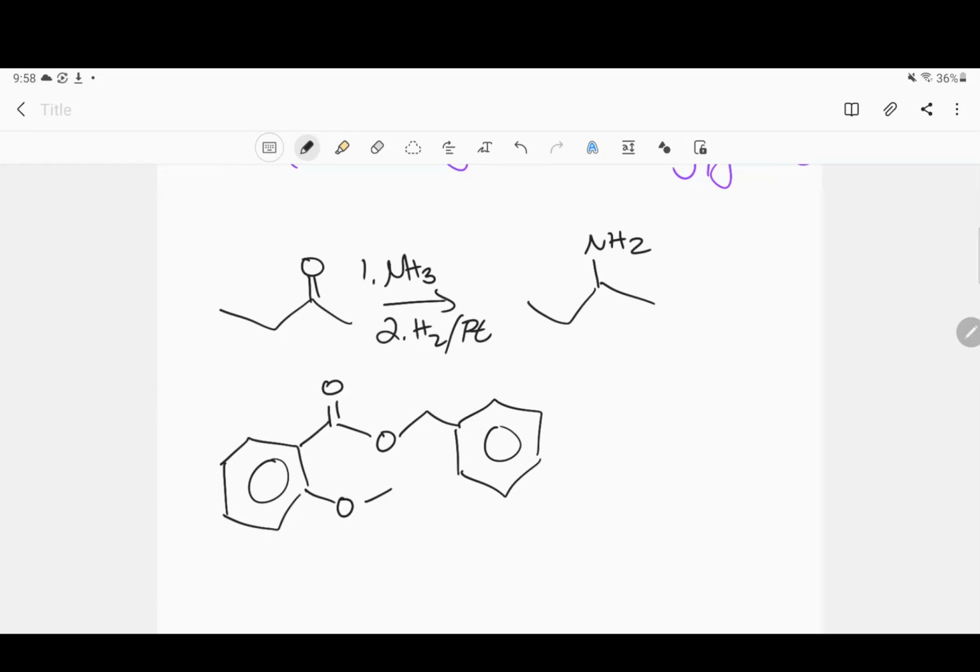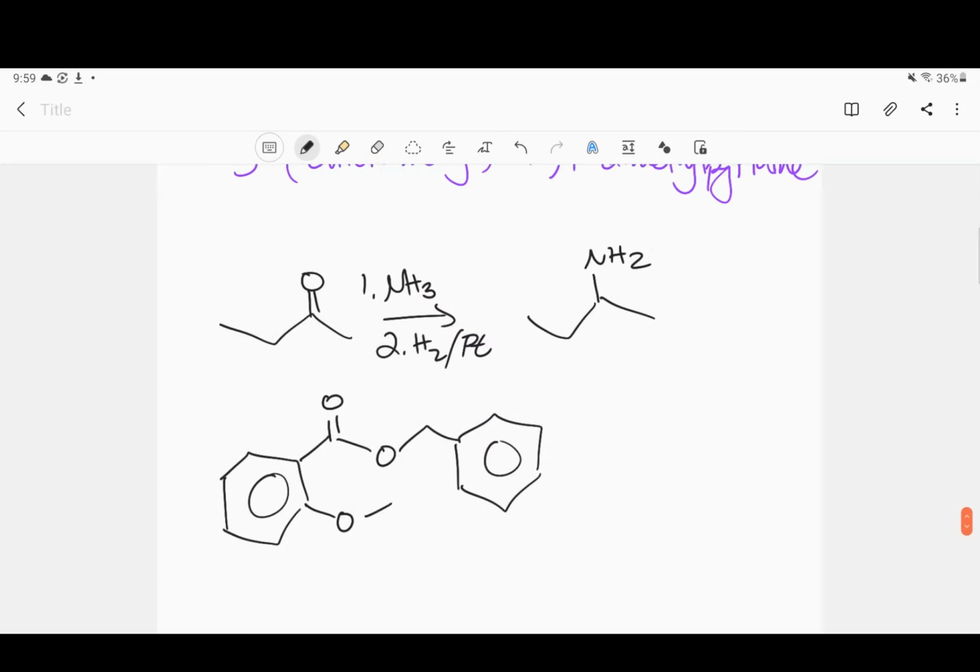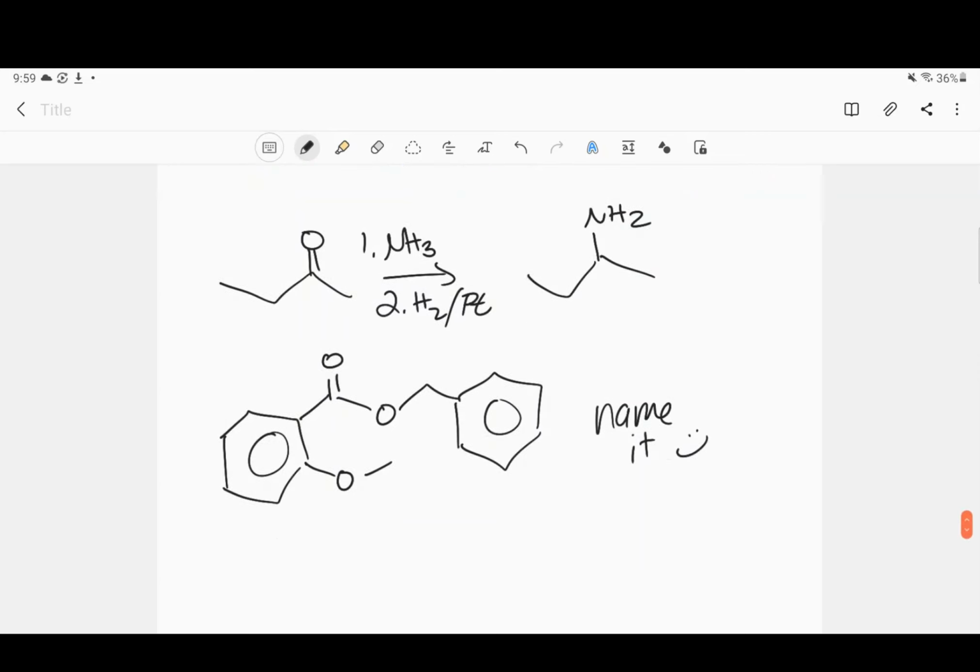Let's name this monstrosity. We have an easy name for this, but let's name it the hard way. So what's the highest priority group this molecule has? All of it. Right, ester, correct.